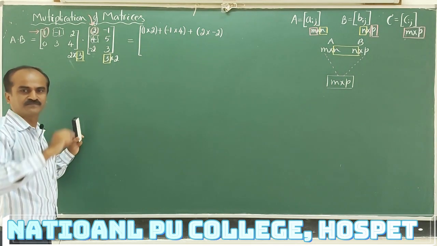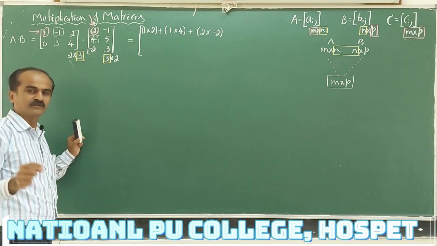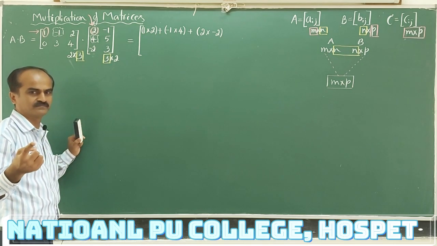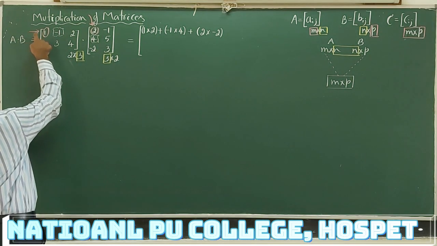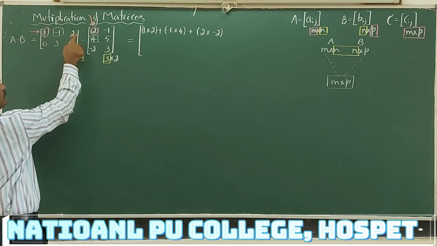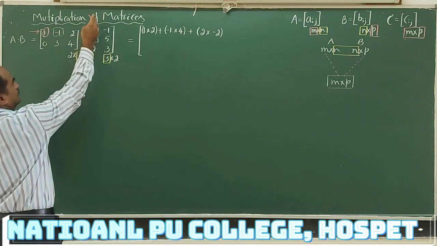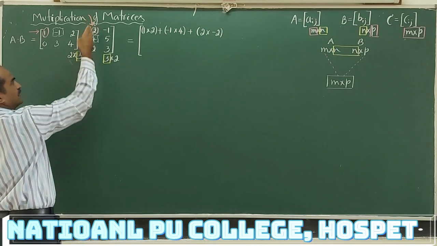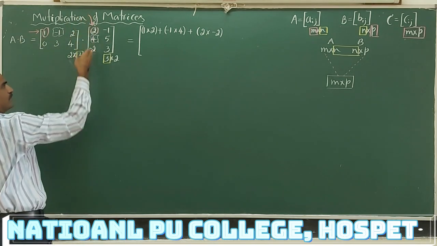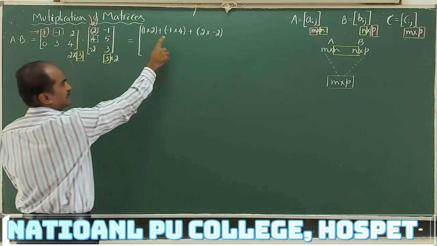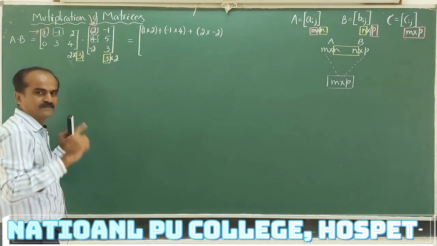What is the position of that element? It will be in the first row, first column. We took elements of the first row in the first matrix and elements of the first column in the second matrix, so the resulting element should be placed in first row, first column.